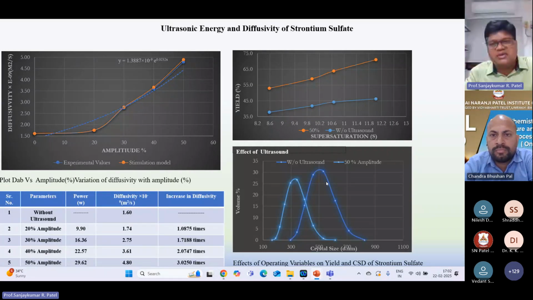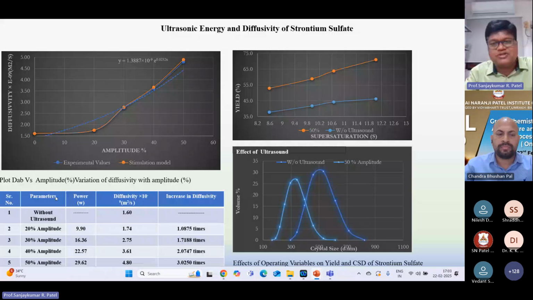This is without ultrasound crystal size distribution, and this is with ultrasound. However, in both cases we are getting a uniform size distribution, but the distribution is narrower in the presence of the ultrasound, so we can change the distribution pattern also with the application of the ultrasound.